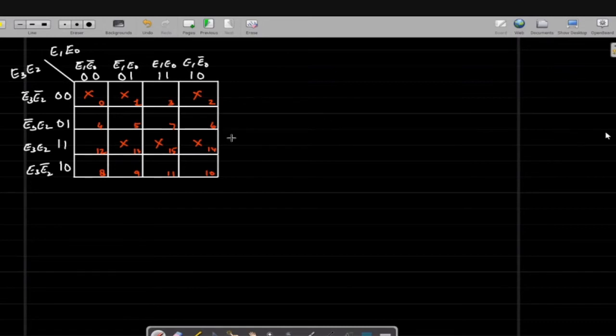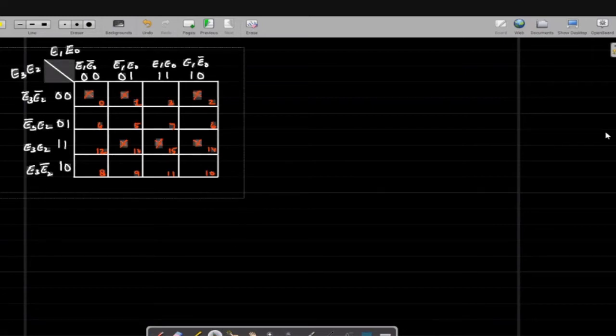The same map we are going to use for the simplification of all unsimplified Boolean expressions which we have seen in the previous slide. So let's take a copy of this.